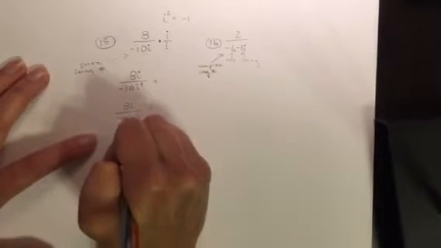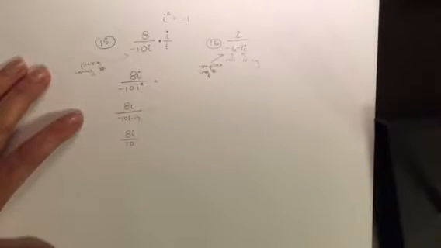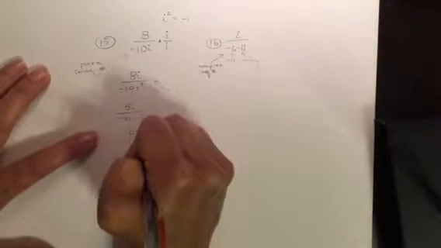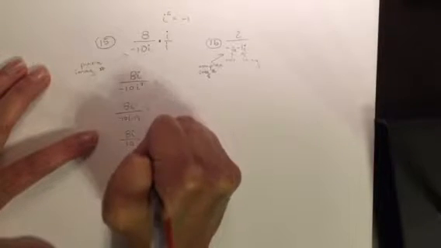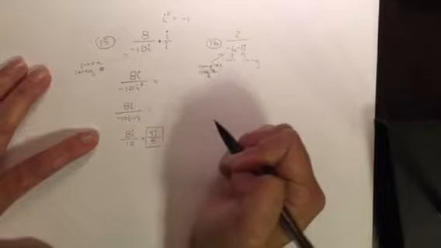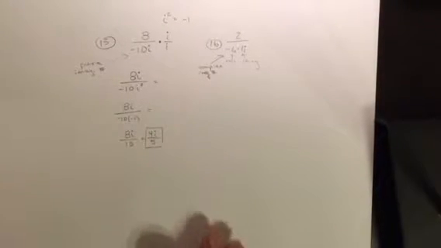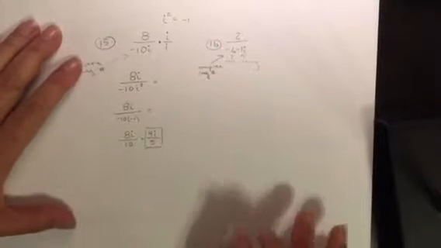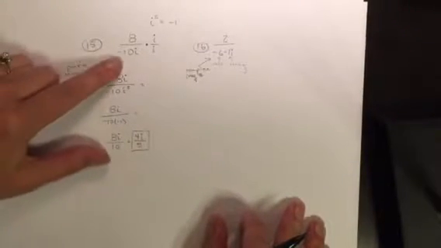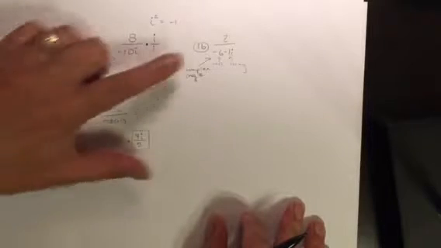And that's going to give me 8i over 10. And then I can reduce, and that will give me 4i over 5. And so now I no longer have I in the denominator, and I have completed problem 15. So that's an example of dividing by a pure imaginary number.